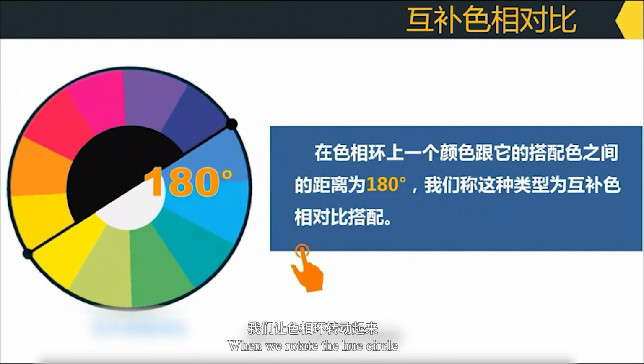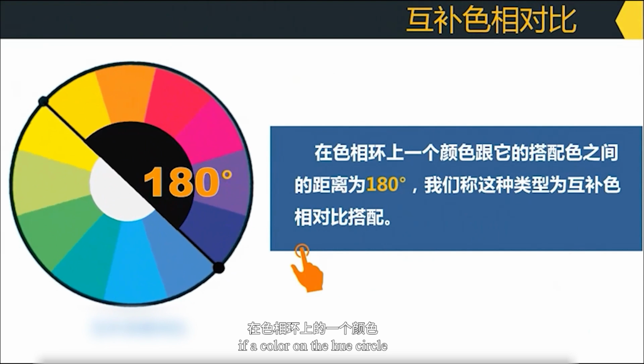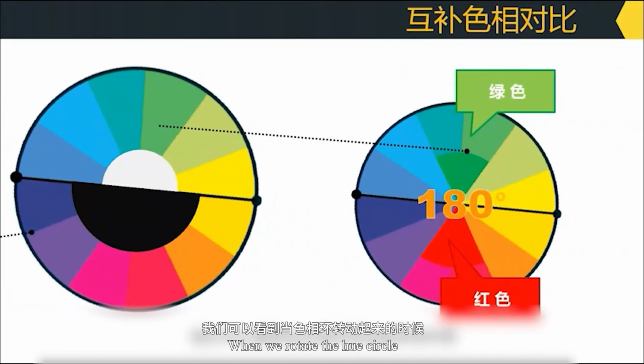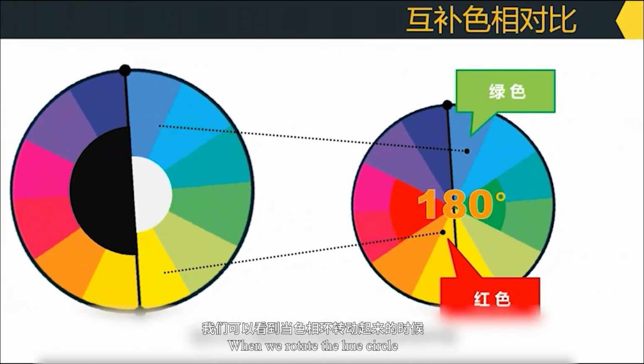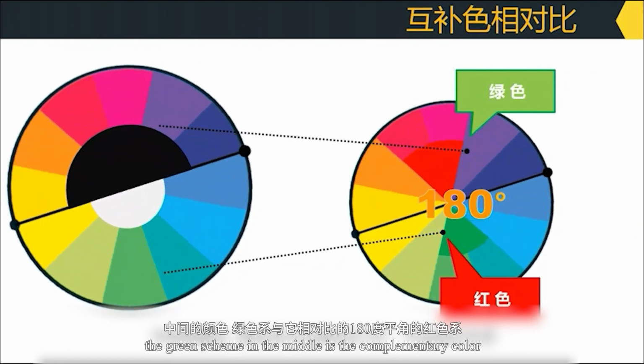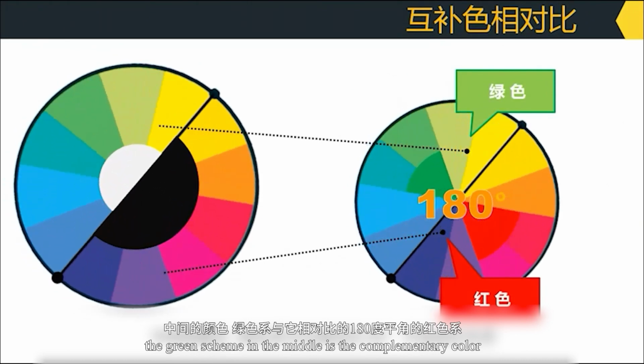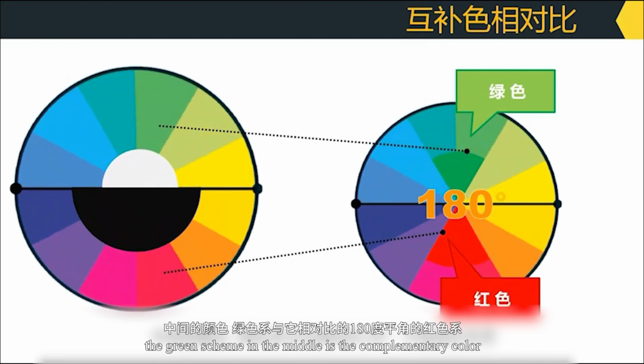When we rotate the hue circle, if a color on the hue circle is 180 degrees apart from another color, we call the combination of these 2 colors the hue contrast of complementary colors. When we rotate the hue circle, the green scheme in the middle is the complementary color of the red scheme, 180 degrees apart from it.